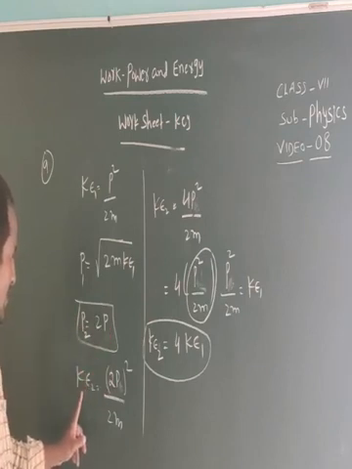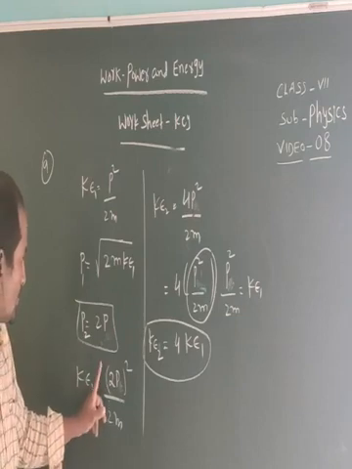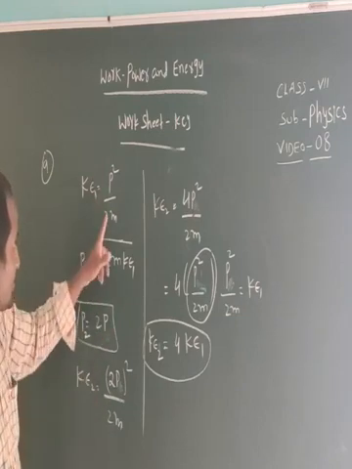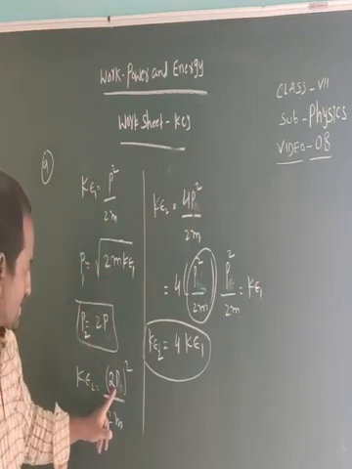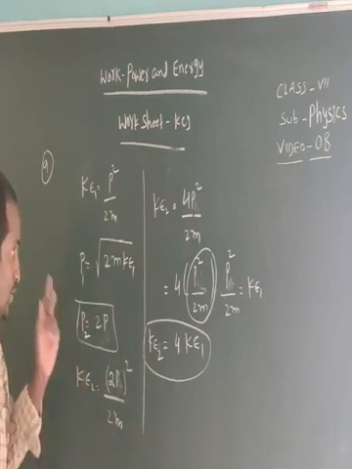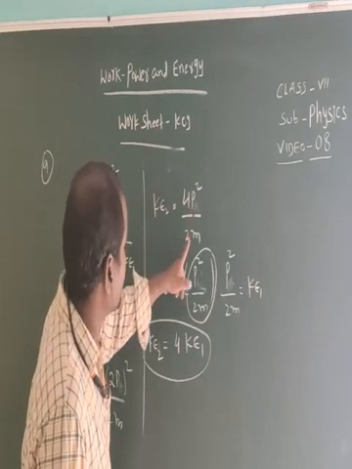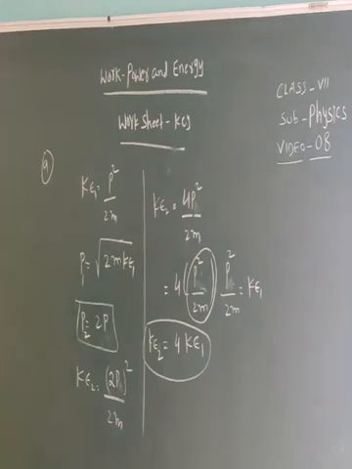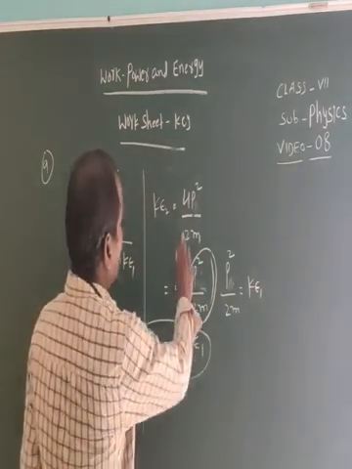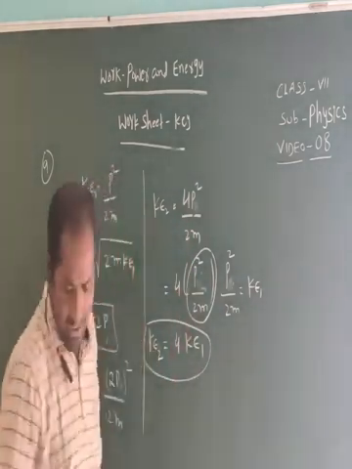So K2 equals P2 square by 2m, where P2 equals 2P1, so (2P1) whole square by 2m equals 4P1 square by 2m. Now we can write 4 into P1 square by 2m.